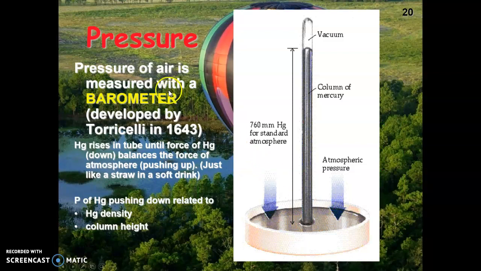Okay. To measure this, a scientist whose last name was Torricelli had a tower where he was doing experiments like this, and he started out with water and then replaced it with mercury.